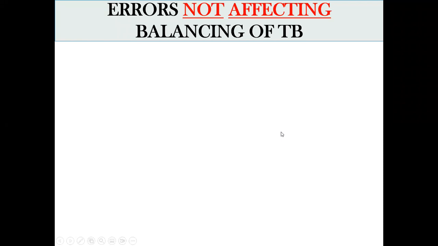The first one, we call it error of omission. You don't have to know accounts to know this. If the transaction was omitted, it means neither did you record nor post that transaction. So it can't affect the balancing of a TB.